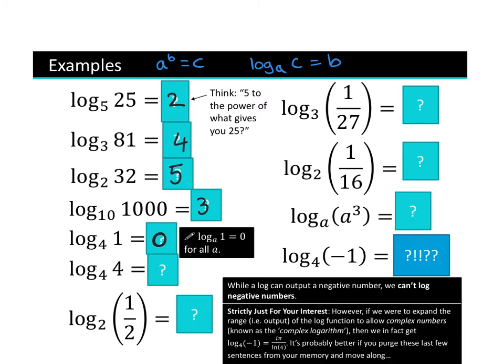Absolutely. 4 to the power of what gives me 4? 1. 2 to the power of what gives me a half? -1. 3 to the power of what gives me 1 over 27? -3. -2 would give me 1 over 9.